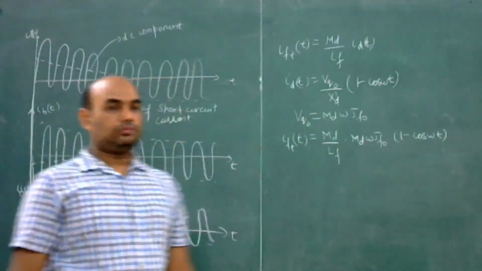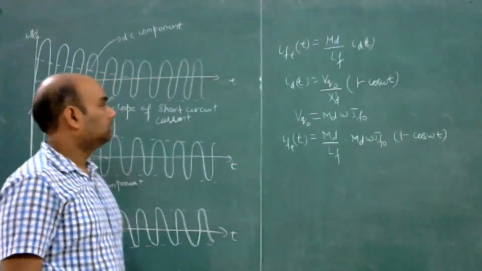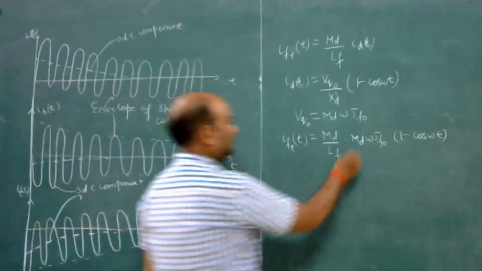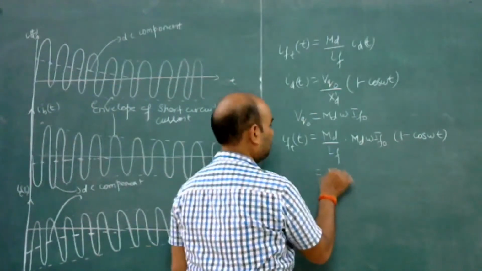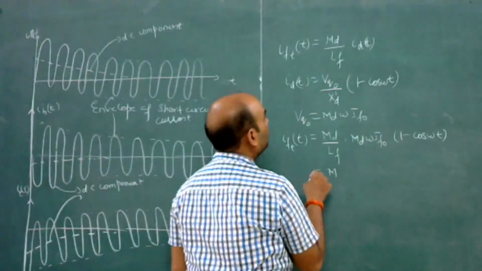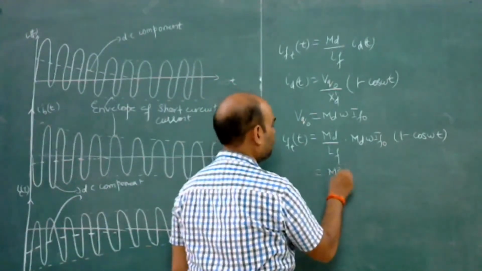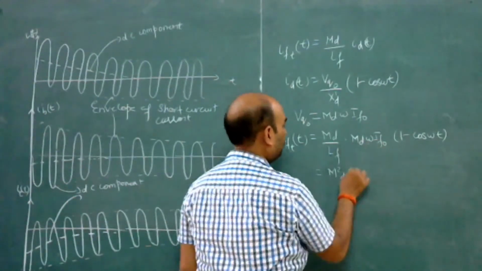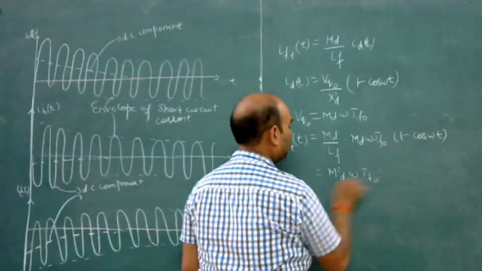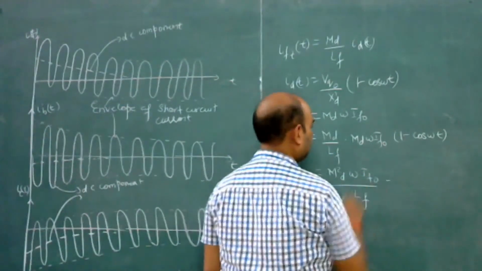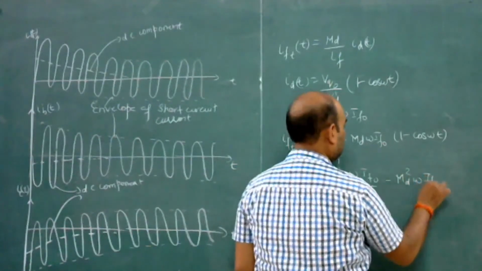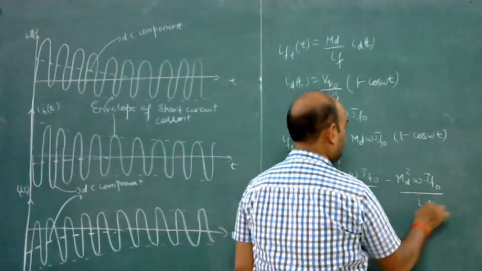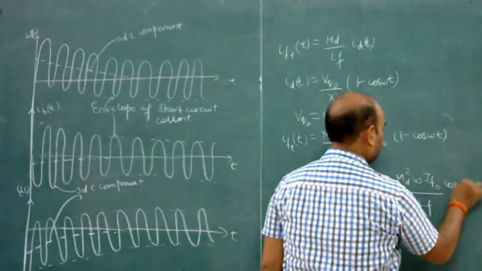So this will be equal to Md square omega If naught by Lf minus Md square omega If naught divided by Lf cos omega t.